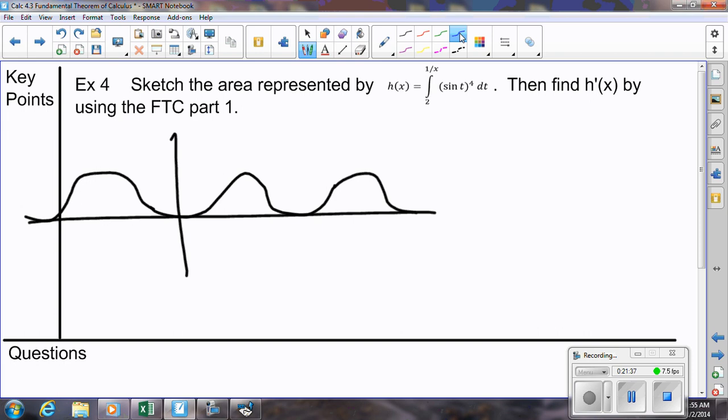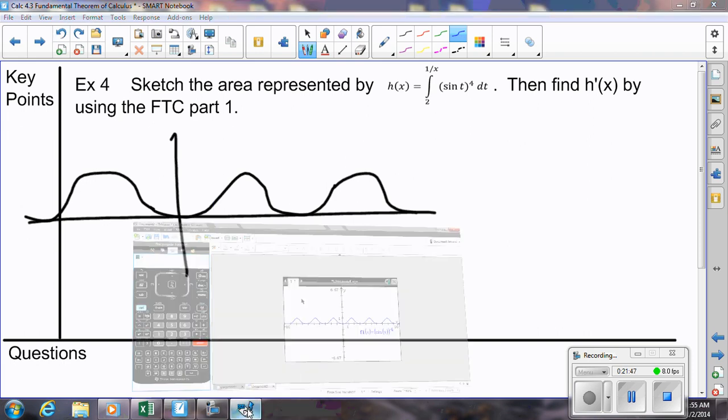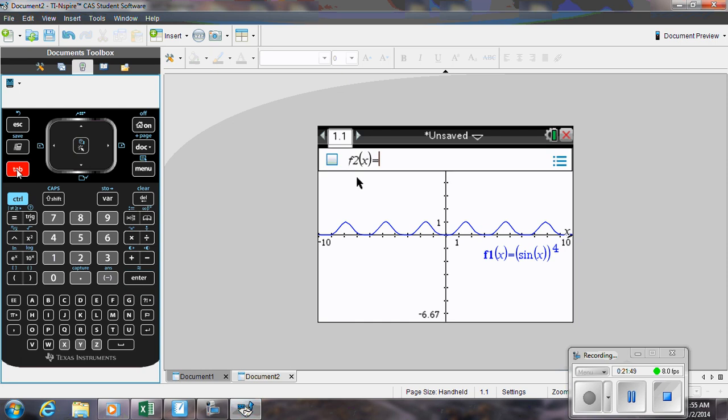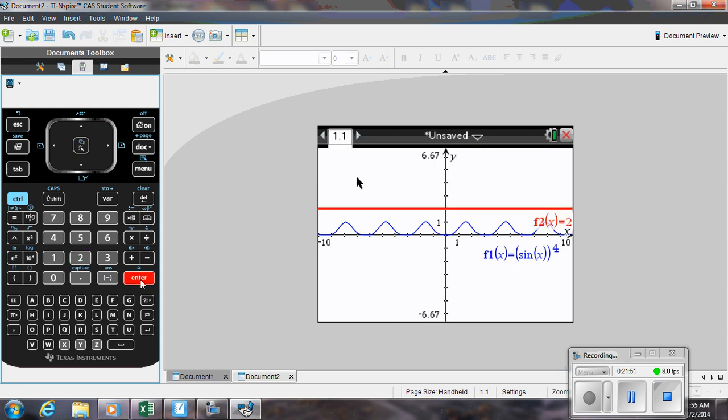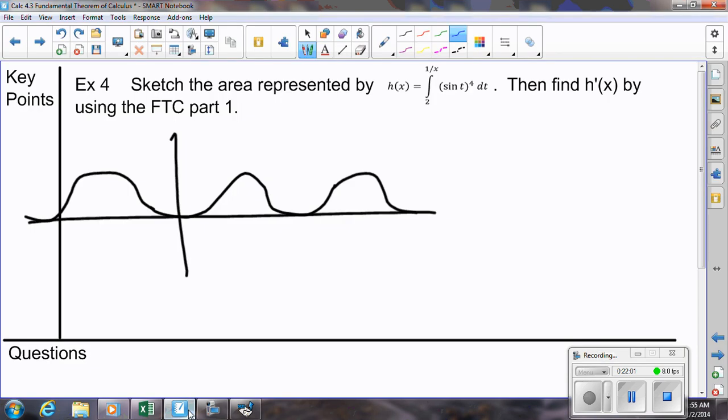We want to know the area bounded between, I'm sorry, not 1, we had 2. So that's x equals 2. We're looking at the area from about here over.